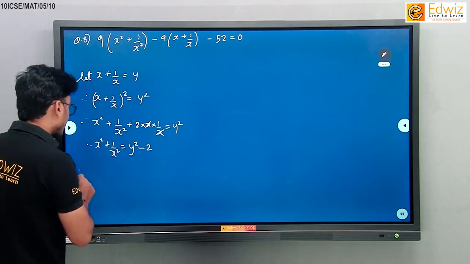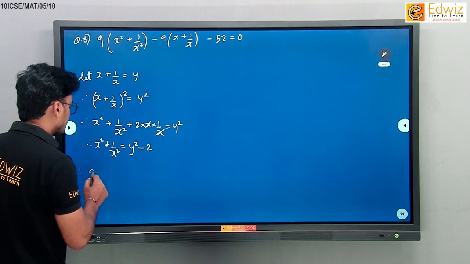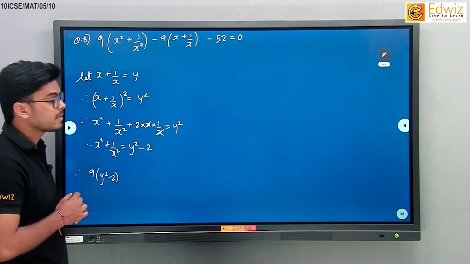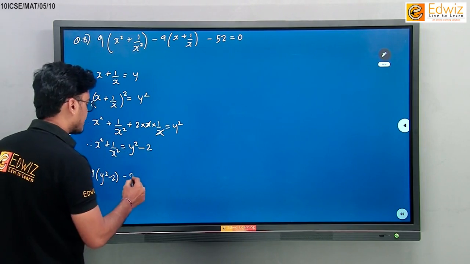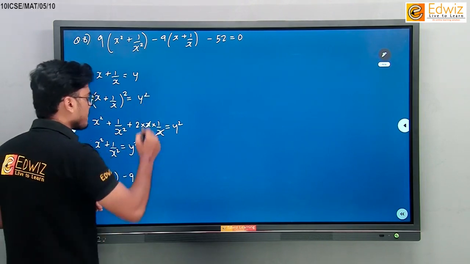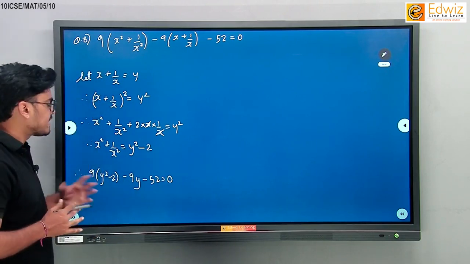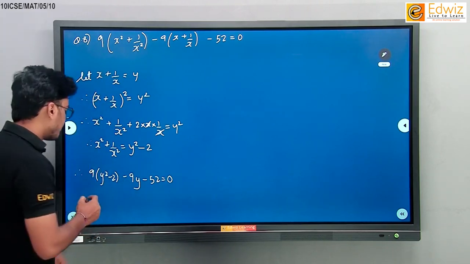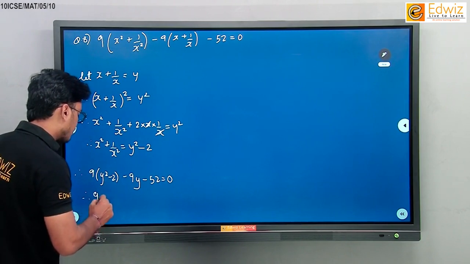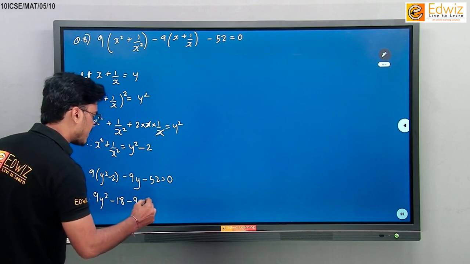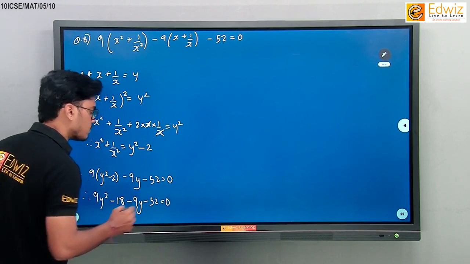Therefore our main equation will become 9 multiplied by (y square minus 2) minus 9 multiplied by y minus 52 equal to 0. Let us simplify this equation a little bit. So 9y square minus 9 twos are 18, minus 9y minus 52 equal to 0.